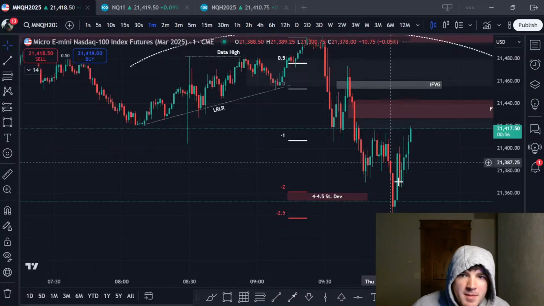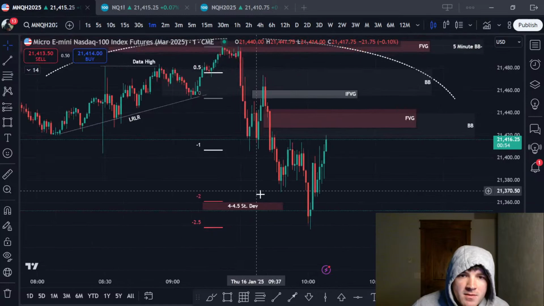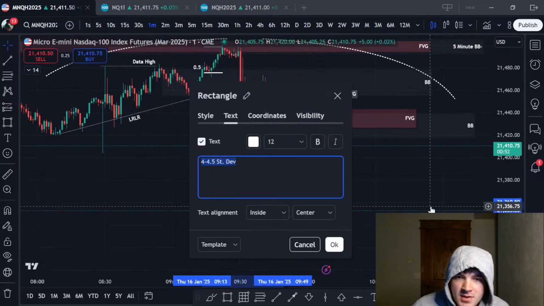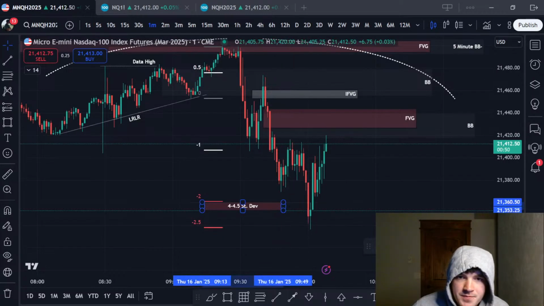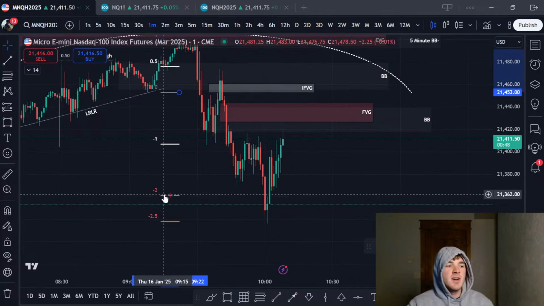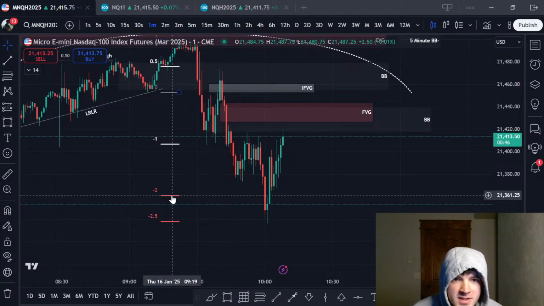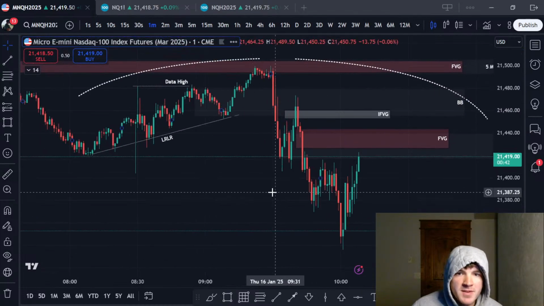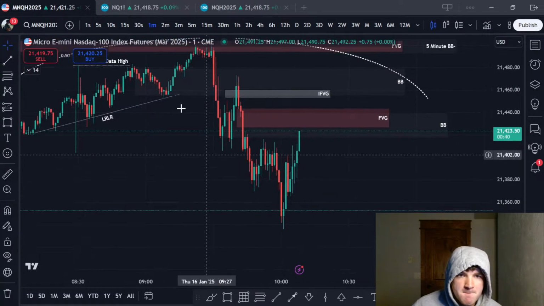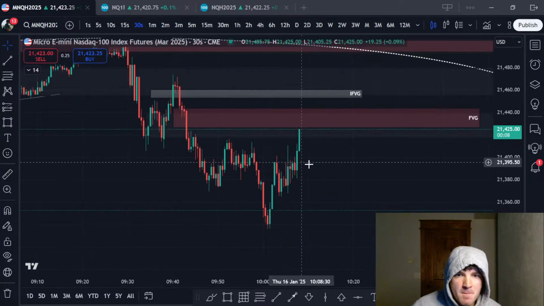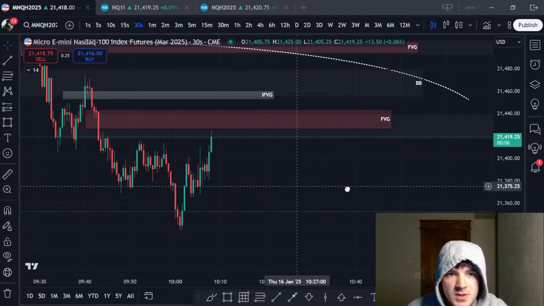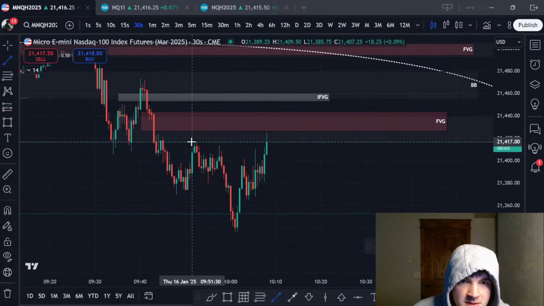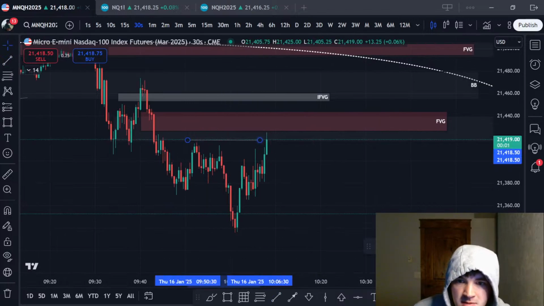So yeah, that BPR trade did work out, but it's not a trade that I was willing to take. And so I might consider a pretty high RR trade just because it's playing with profits now at this point. So I do see this as a possible AMD, but I need to be smart about this.